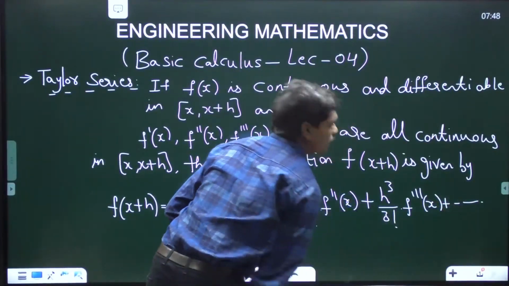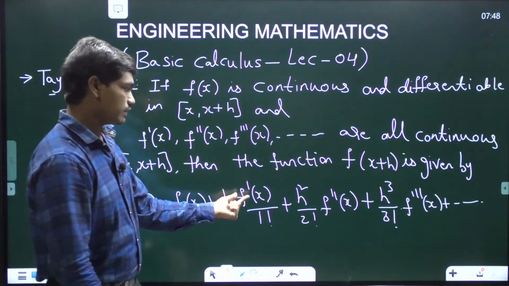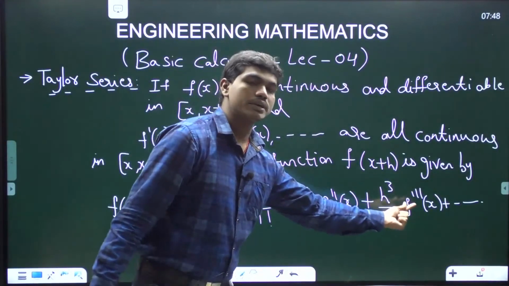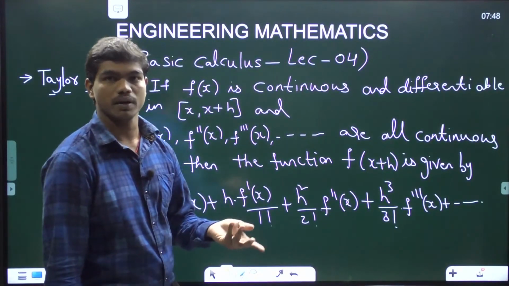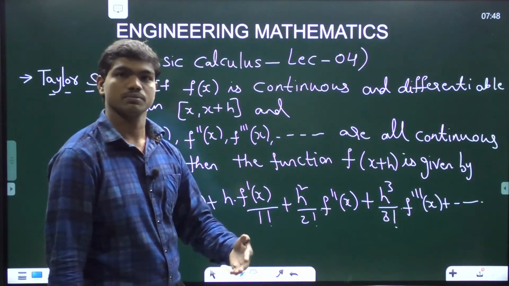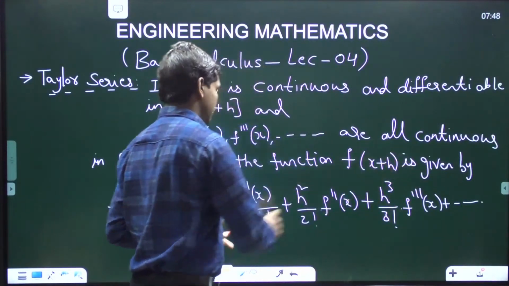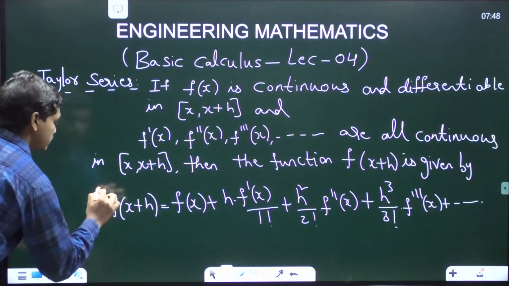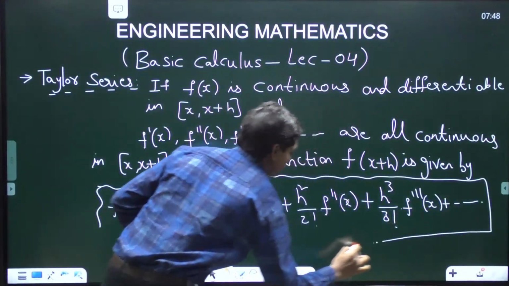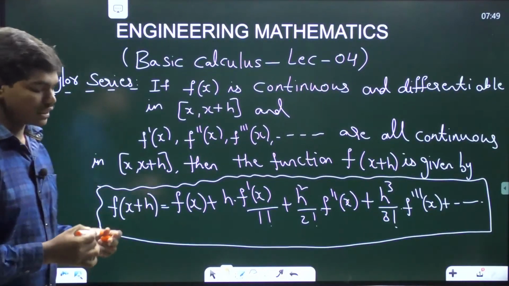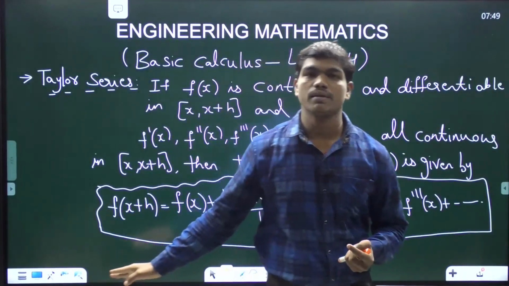So this is how the Taylor series expansion evolves for a given function f of x, provided all these derivatives f dash of x, f double dash of x, f triple dash of x continuously exist. For example, the differentiation of e power x is e power x, so however many times you differentiate e power x, these derivatives continuously exist. So this is the expansion of any function f of x within the interval x comma x plus h, and we generally derive our series expansions using the formulation I mentioned in this box.